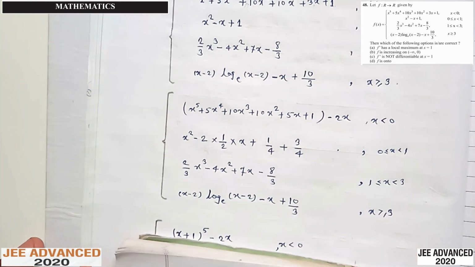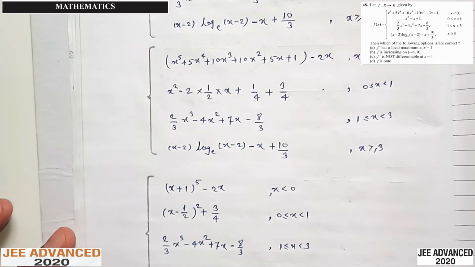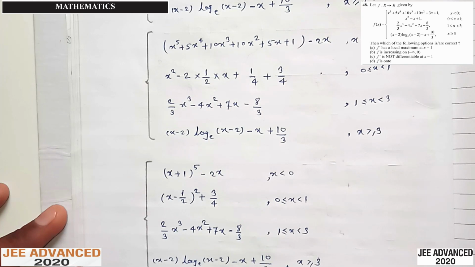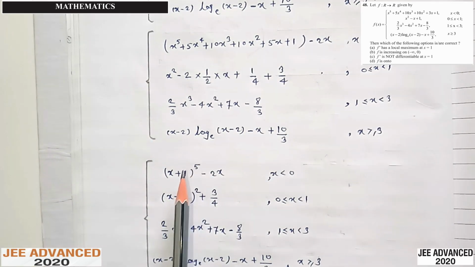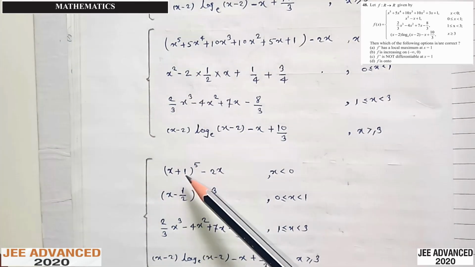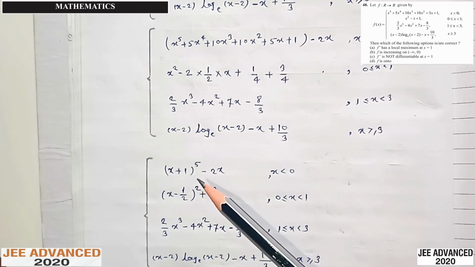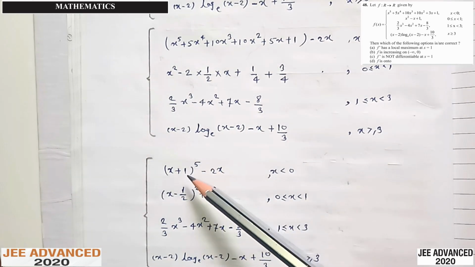Here is the final step, which gives the shortest form of our given fifth polynomial, that means (x plus 1) raised to 5, the fifth power of x plus 1. Even if you don't know how to find the fifth power, you may apply the binomial theorem and get it easily.